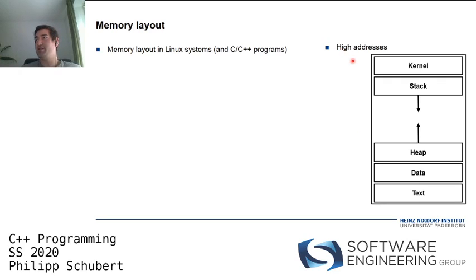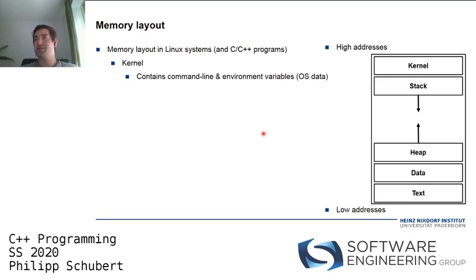And usually you have high addresses above the kernel as a memory segment, and low addresses here at the text segment of the memory. So what's the kernel section used for, of your memory where your program lives really? In the kernel section it contains the command line arguments.